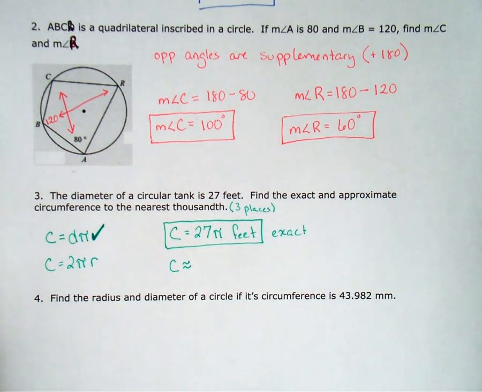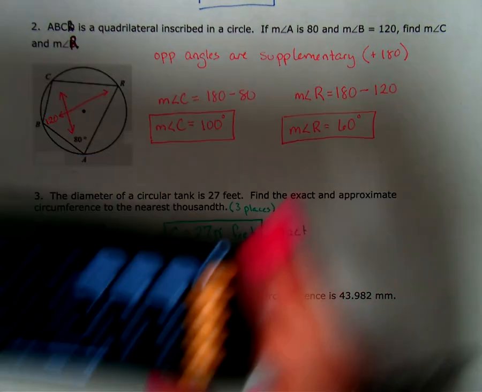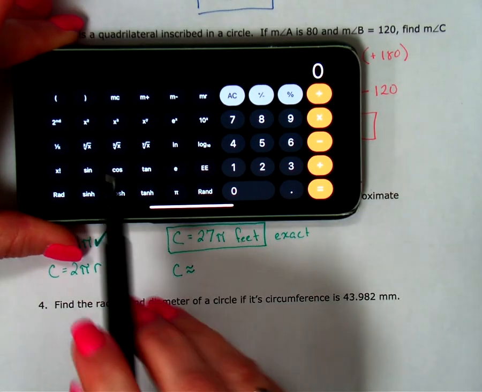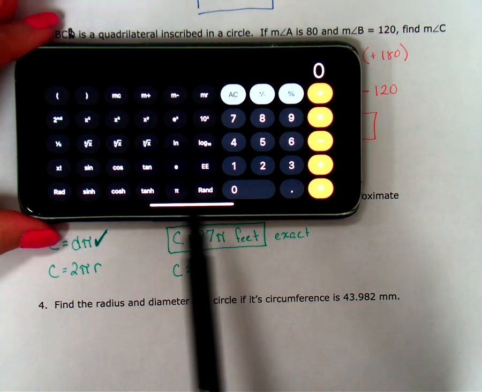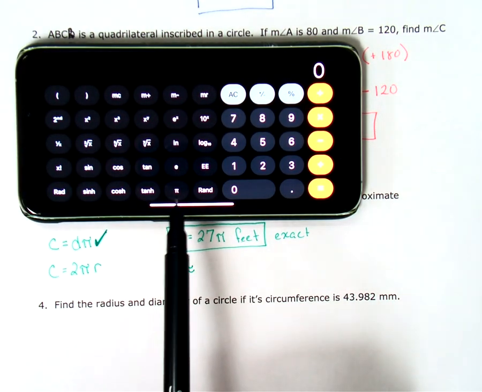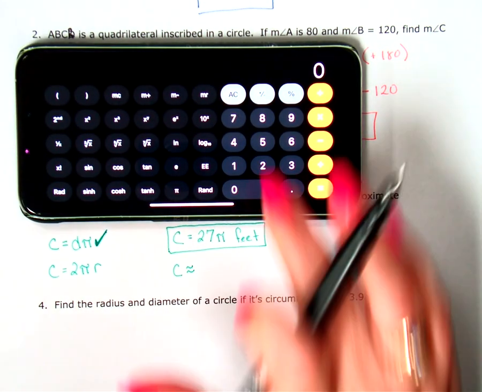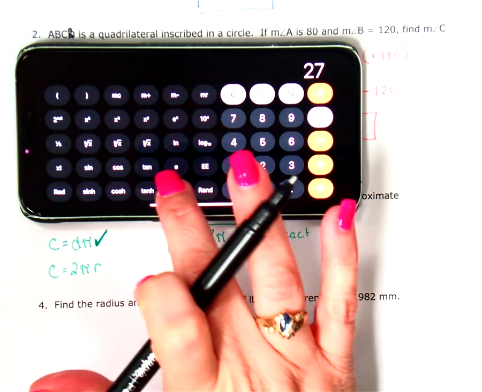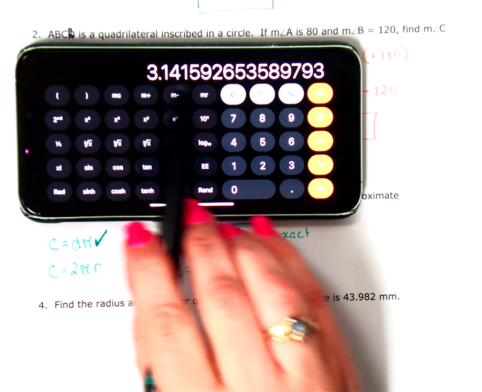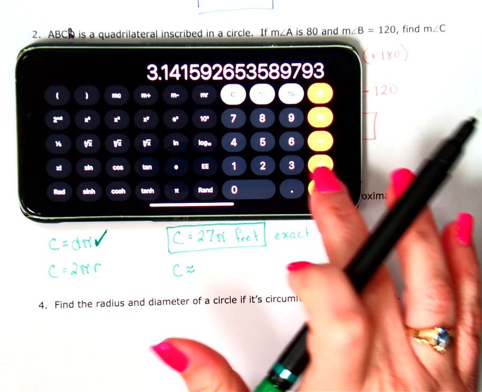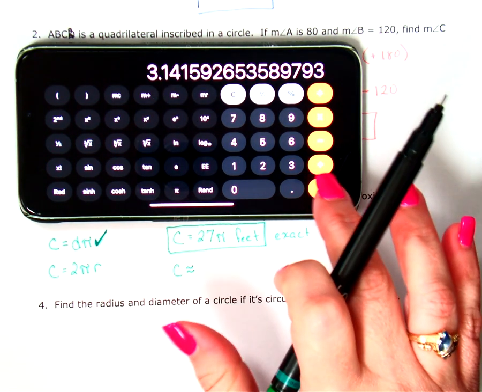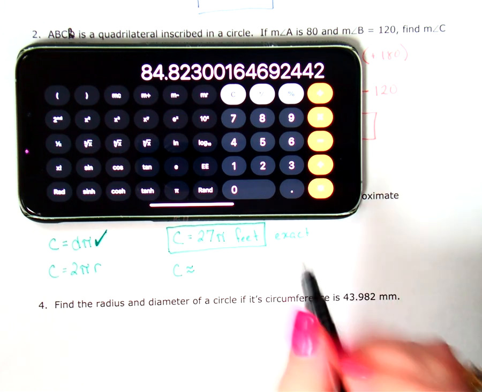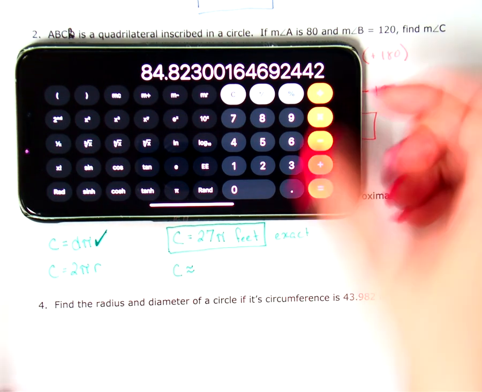For my approximate answer, I'm going to say C is approximately equal to, so we put the little squiggly equals, and then I'm going to turn my calculator sideways on my phone so that I can see I have a little pi symbol somewhere. There's my pi, right down there. Okay, so I'm going to do 27 times the pi button, and there's pi, all of its numbers, as many as the calculator will display.